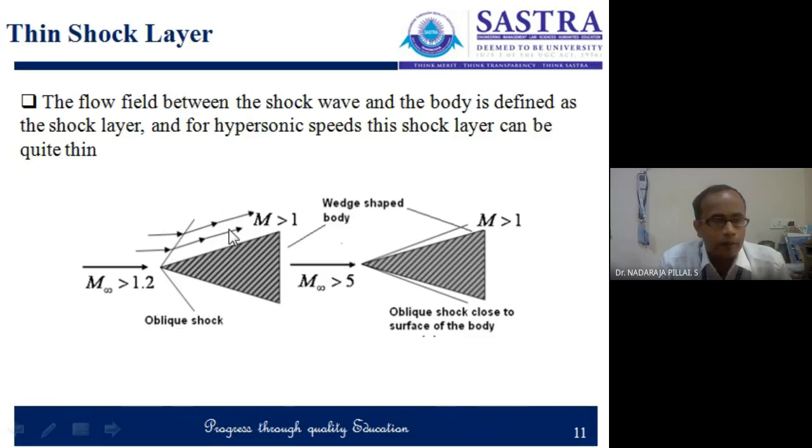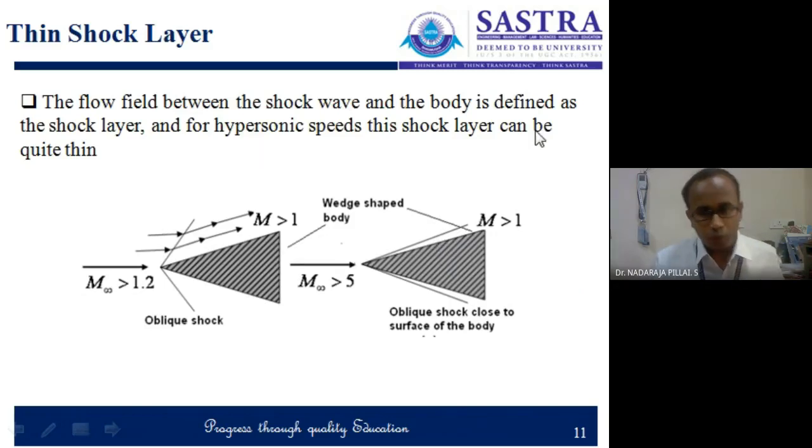Now assume that the Mach number is more than 5. There is a shock, and this is a wedge, and you can see the shock layer. The oblique shock occurs very close to the body, and the layer between the shock wave and the body is called the shock layer.